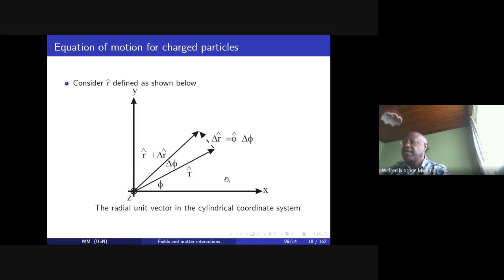We are looking at the change in the position vector, delta r cap, and we see that it's going to be given by the unit vector phi cap in the azimuthal direction, multiplied by the value of delta phi, where delta phi is the angle subtended by this small arc as r cap changes to a different value, r cap plus delta r cap.